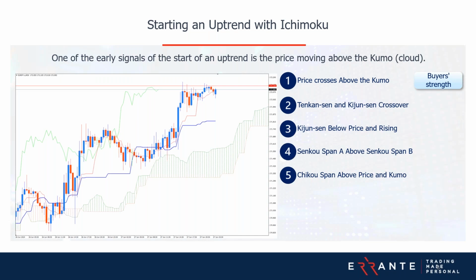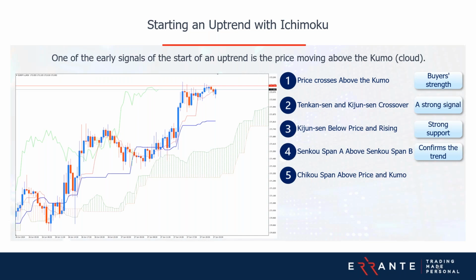So the first one indicates price crosses above the Kumo is a buyer's strength, and the Tenkan-sen and Kijun-sen crossover is a strong signal to confirm that the bullish sentiment is increasing in the market, and then Kijun-sen below price and rising is a strong support level which is being held by the price, or let's say by the buyers.